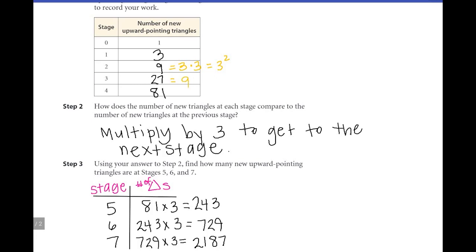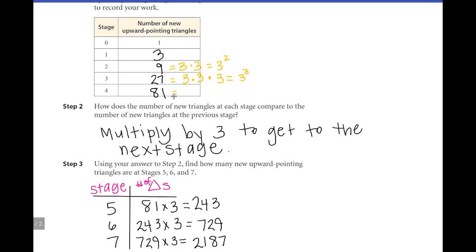That's 9 times 3, right? But 9 is the same thing as 3 times 3. So it's actually going to be 3 times 3 times 3, which, using exponents, becomes 3 cubed, right?